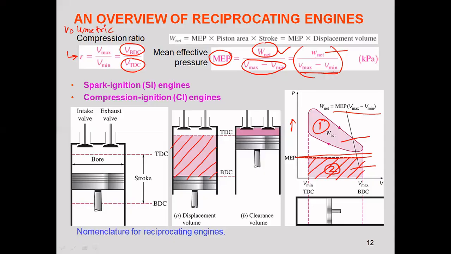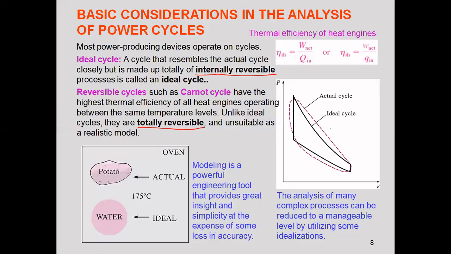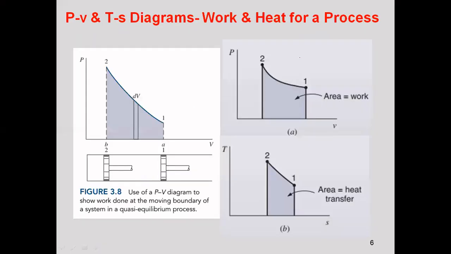W net, how to calculate W net? We know it from our basic thermodynamics. Can you recall what W is? W for a process, capital W meaning total, is the integral of P dV, right?